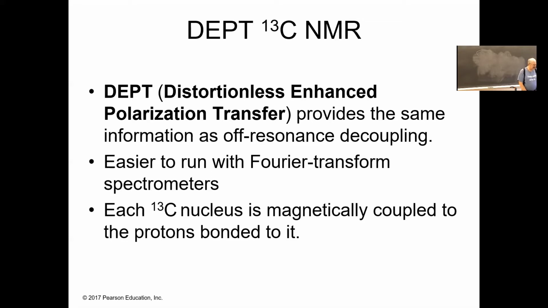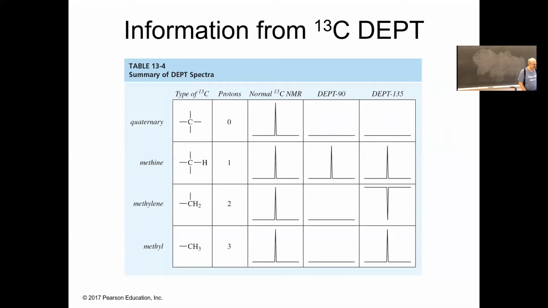Each carbon-13 nucleus is magnetically coupled to the protons bonded to it. So this is another way of detecting how many protons are bonded to a particular carbon.